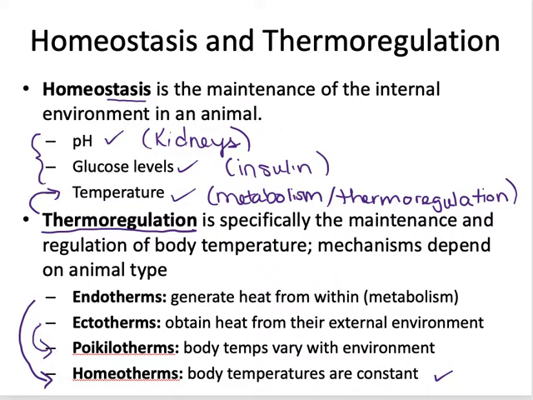But some ectotherms, if they have really good insulation, or if they change their position in the water column or in their environment, some ectotherms can in fact be homeotherms. And likewise, some endotherms can in fact be poikilotherms. But the general trend is that many endotherms are homeotherms and many ectotherms are poikilotherms.